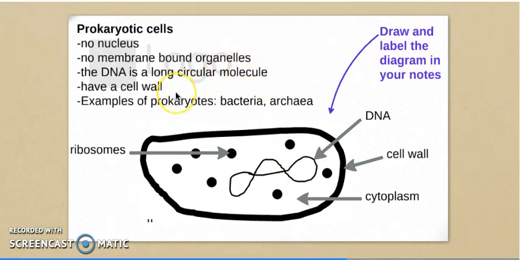They have a cell wall, and examples of this would be archaea and bacteria. The organelles that you would see in this are called ribosomes. So I've drawn a sketch here on this card and want to have you also sketch this into your notebooks.